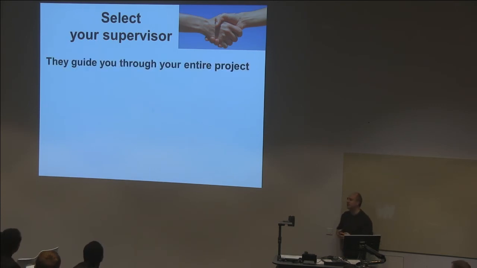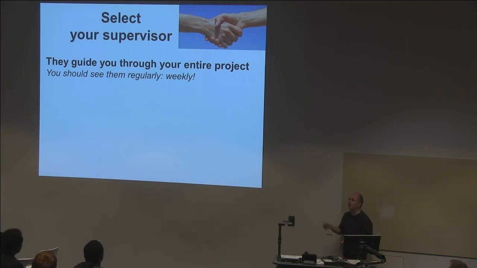They are going to guide you during the entire project. It's the first time you are going to do such a large project for such an amount of time with so many different deliverables. You need someone in the background helping you with that.